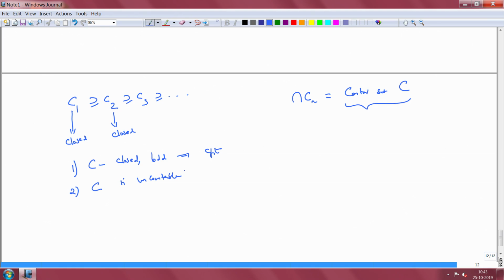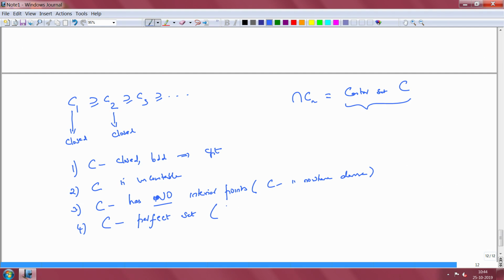Three, C has no interior points. In other words, C is nowhere dense, and C is a perfect set.